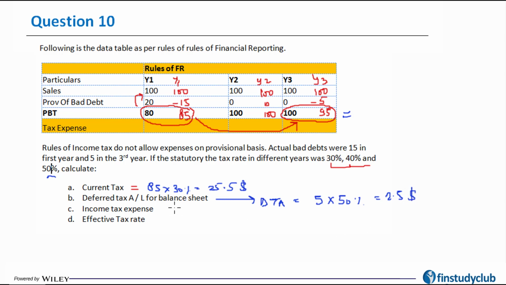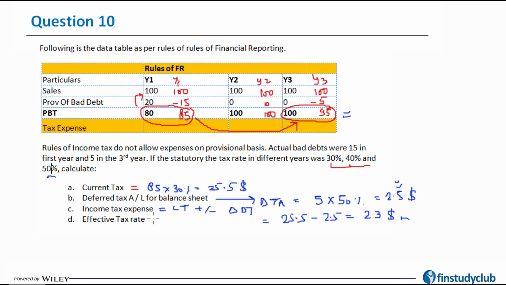There is a question of income tax expense, which is equal to the current tax plus or minus the change in deferred tax. So an asset has been created during the year, which is equal to 25.5 minus 2.5, which is equal to 23. Okay, so 23 becomes the answer for my income tax expense.